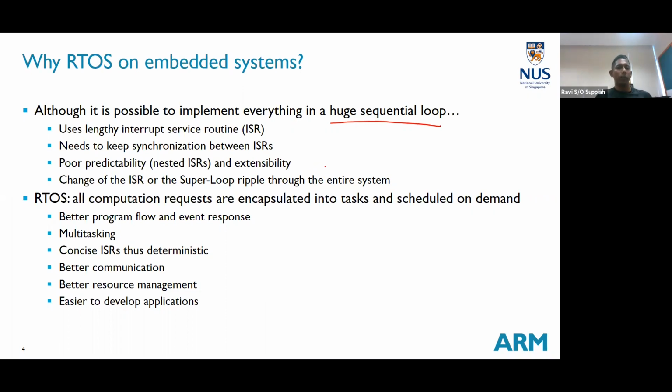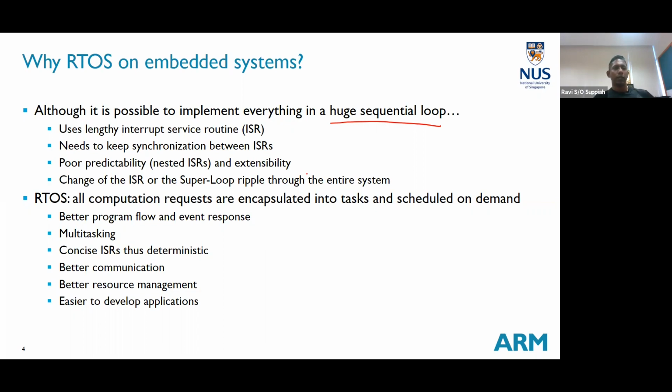There's also a limit to how many interrupts your system might have, and if you have nested interrupts and so on, that can also add some unpredictability to the response. So by introducing an RTOS, you can help to streamline the whole problem into a set of tasks, and then you focus on each task separately.